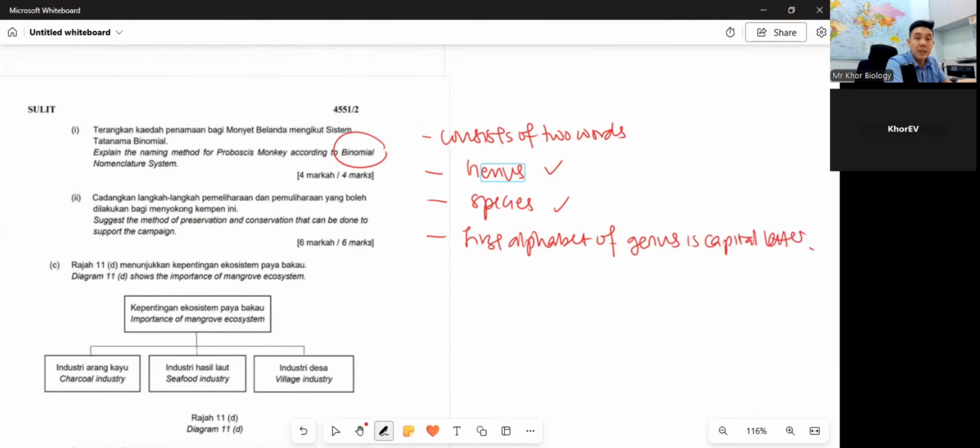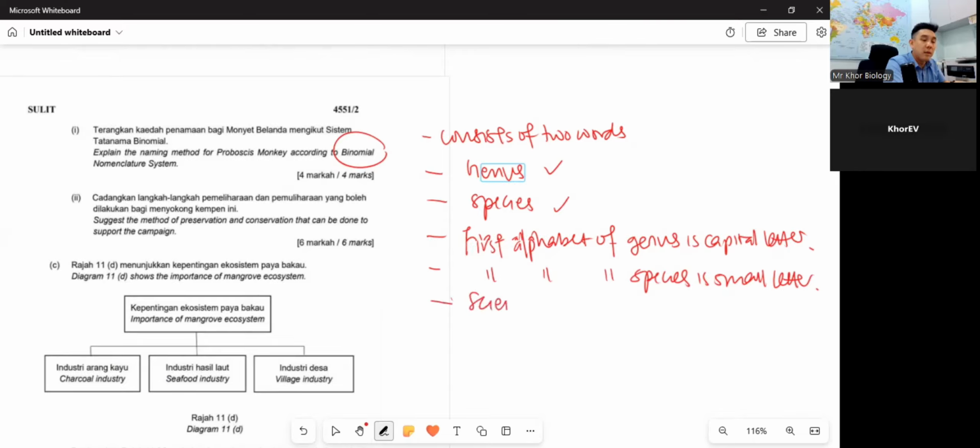Whereas the first alphabet of species is a small letter, or you can say lowercase.